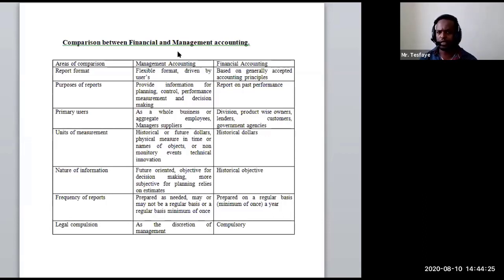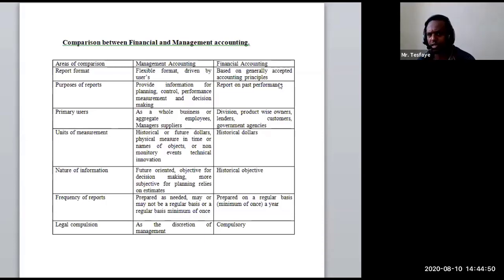The second area of comparison is the purpose of the report. In management accounting, it provides information for planning, controlling, performance measurement, and decision making. Financial accounting reports on past performance. I hope you have seen this in the financial accounting course.